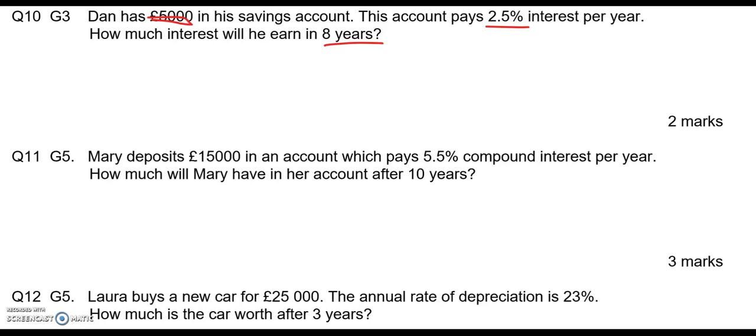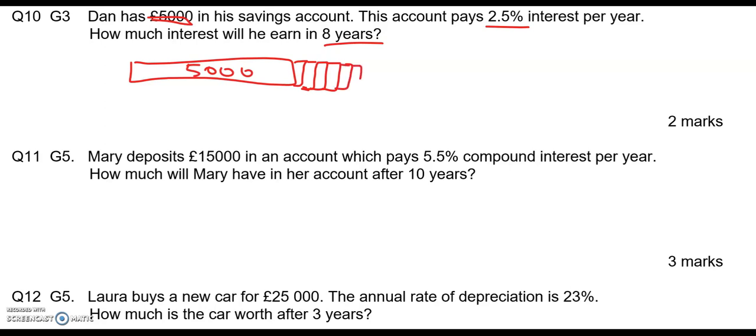We have the original amount, the initial investment, which is £5,000. So he's paid a little bit extra every year, and that amount is the same throughout. That means next year there's going to be another amount which is the same, another 2.5%, another 2.5%, another 2.5%.